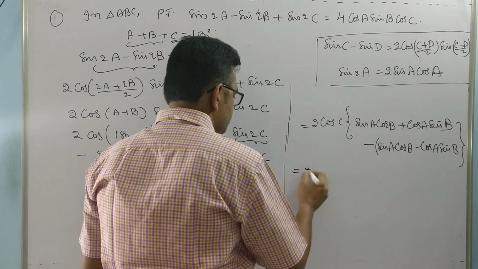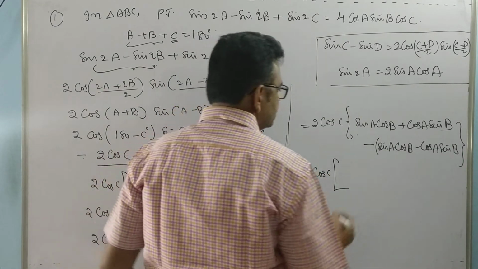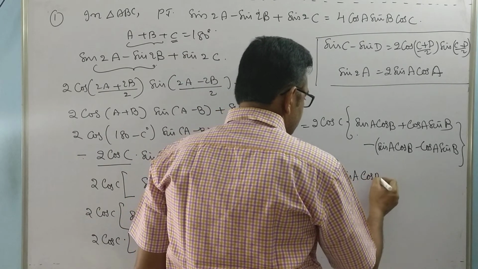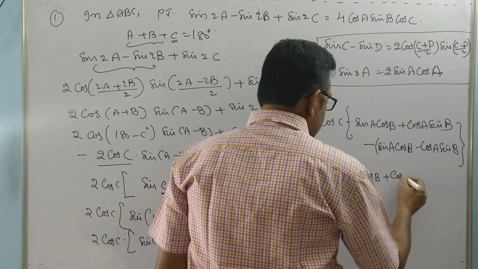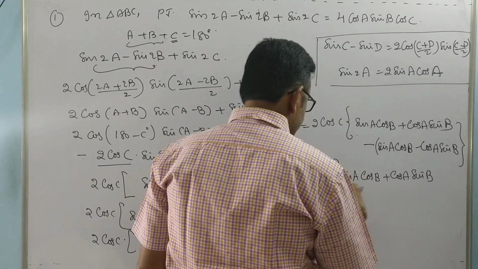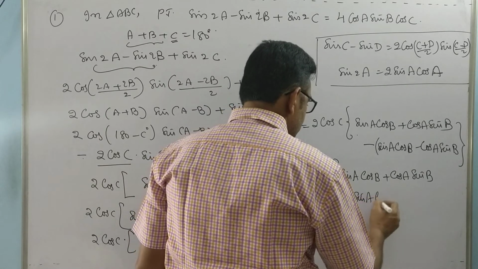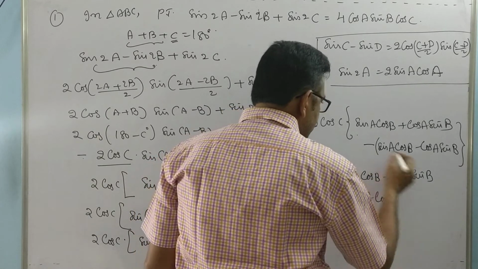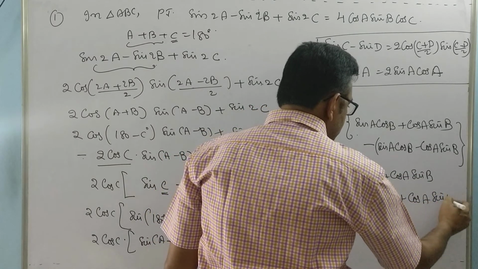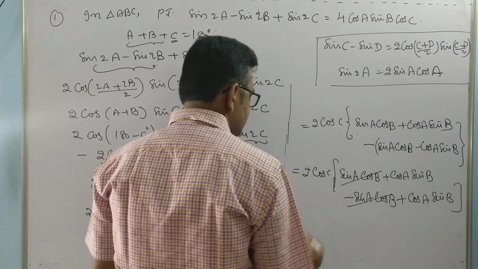This is equal to 2 cos C into sin A cos B plus cos A sin B minus sin A cos B, and it is minus of minus plus cos A sin B. So sin A cos B, these two get cancelled.